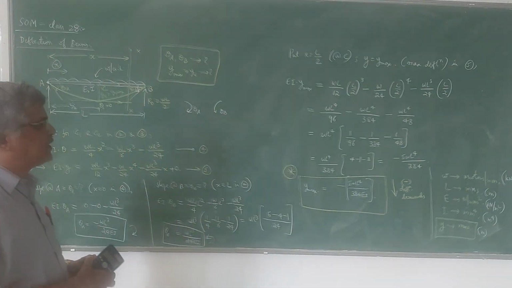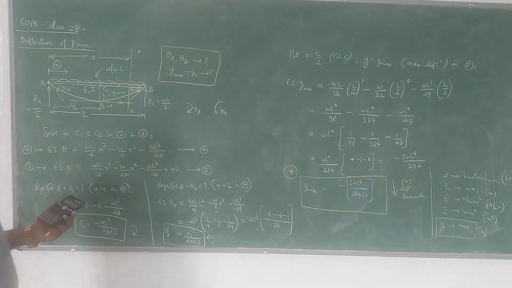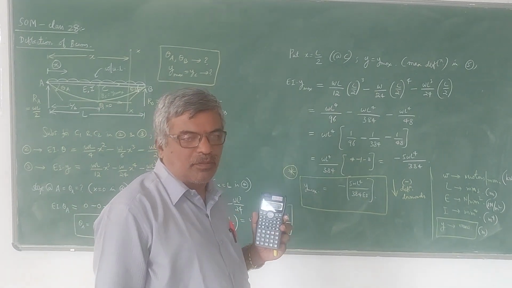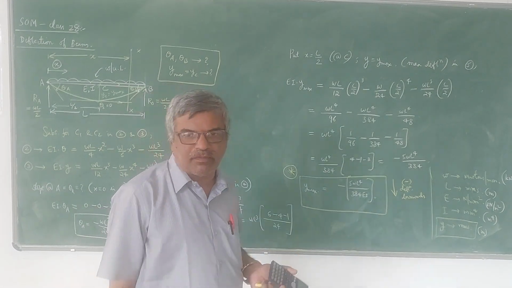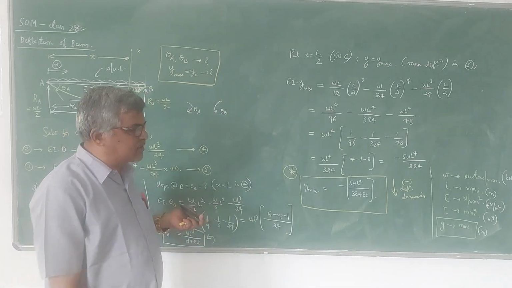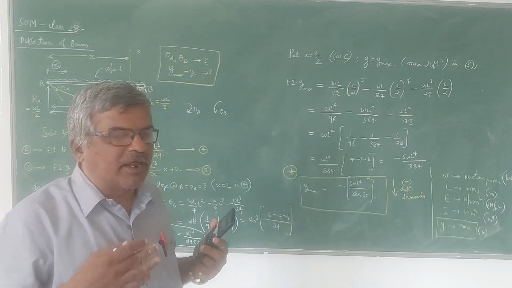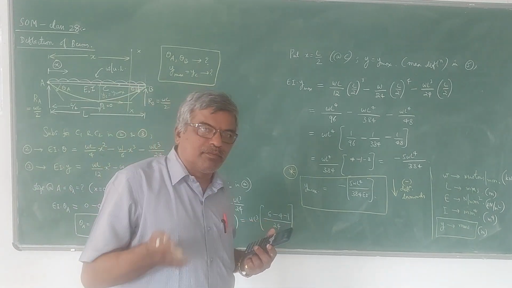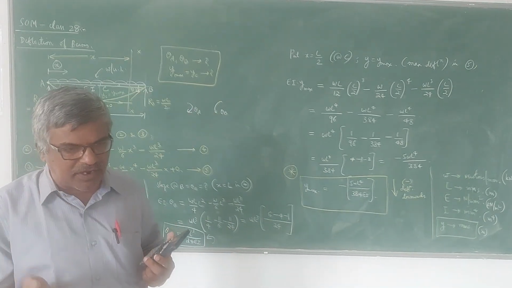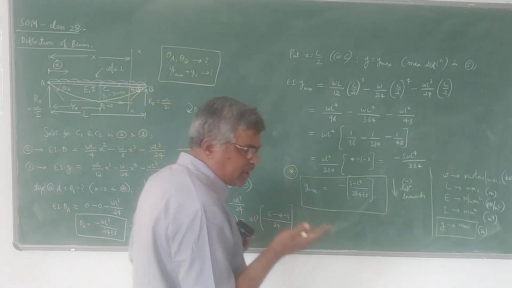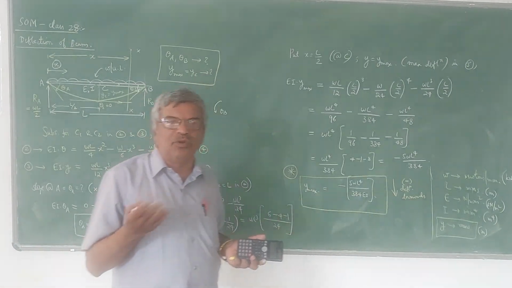So this is the general method of double integration method. I have explained how to find the slope at supports and the maximum deflection at midspan when a simply supported beam is subjected to UDL. This method can be followed for any type of beam, for example simply supported beam with concentrated load, cantilever beam with concentrated load, cantilever beam with UDL, like that.